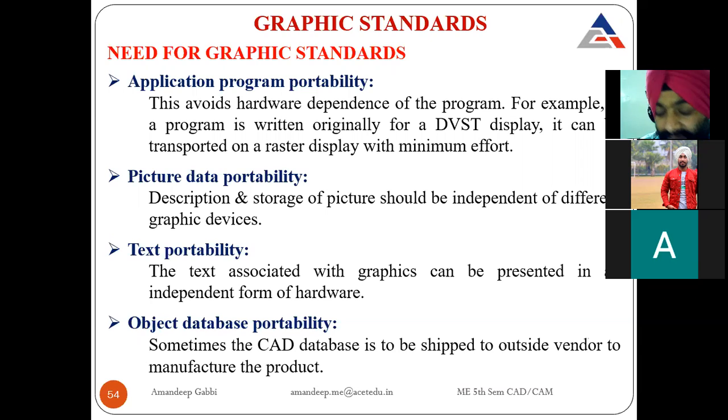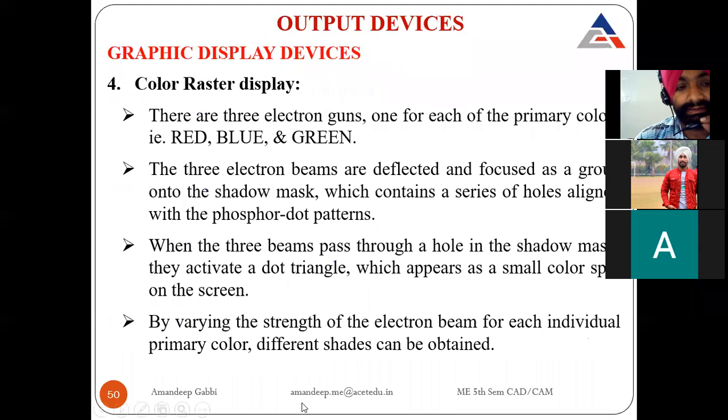That is manufactured by some outside vendors, so the drawing has to be sent to vendors also. So that portability should be there, so that whatever database you have made can be transported to some other manufacturer also.